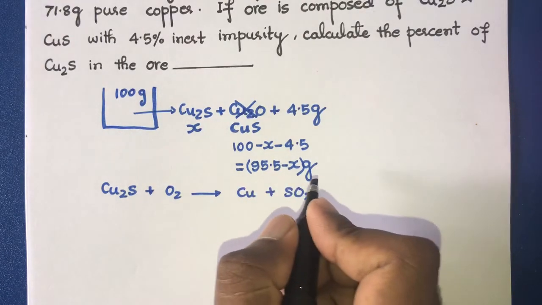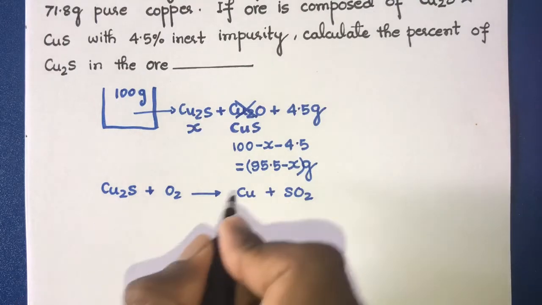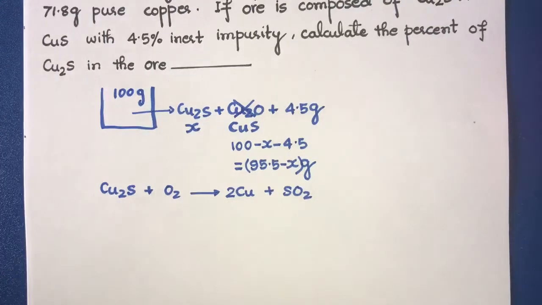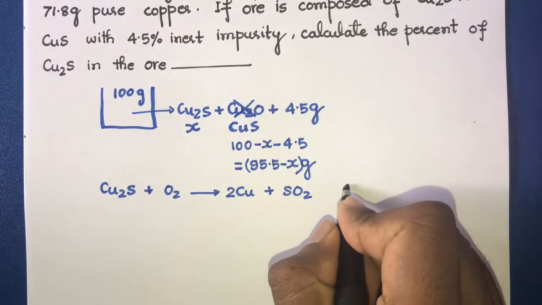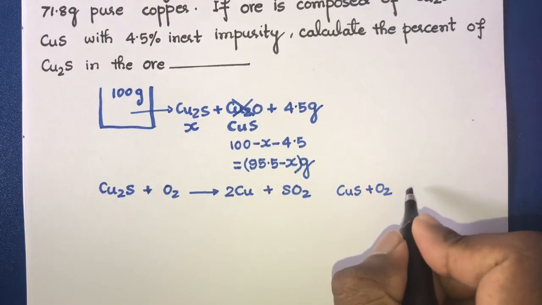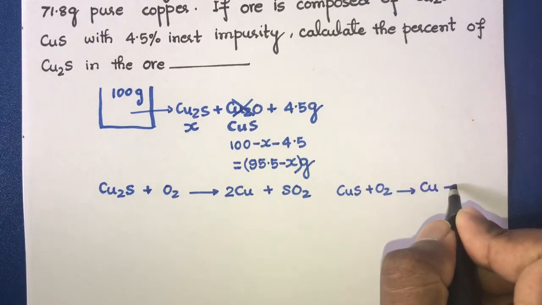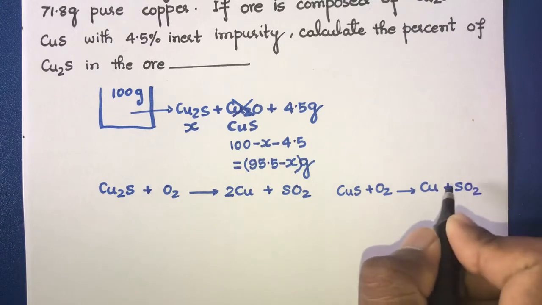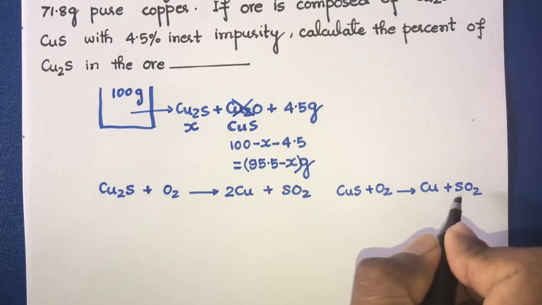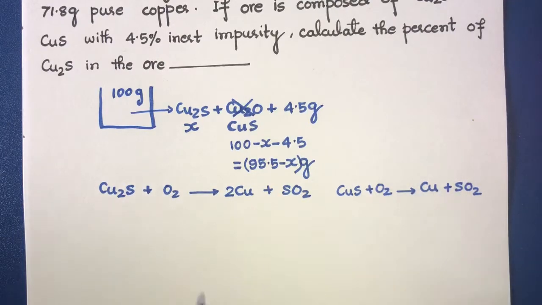This is not balanced, so copper is 2 here, so you balance with 2, sulfur is 1, O2 is 1, now it is balanced. Similarly, CuS will also react with oxygen during the roasting and form Cu plus SO2. Now copper is 1, sulfur 1, oxygen 2, it is already balanced.